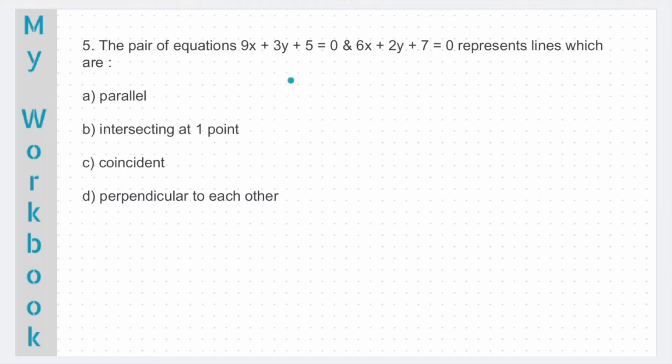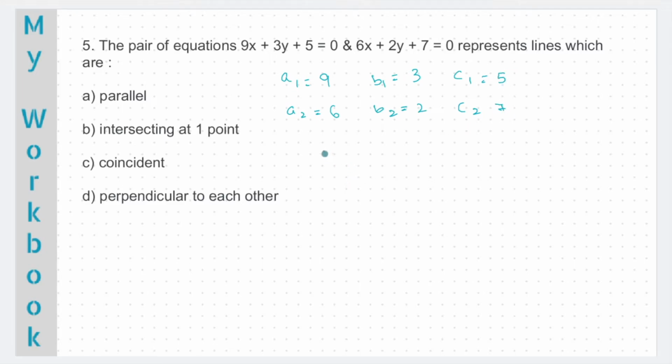So let's carefully note down the coefficients first. a1, a2 are the coefficients of x, which are 9 and 6. b1, b2 are the coefficients of y, which are 3 and 2. The two constants are c1 and c2, 5 and 7.